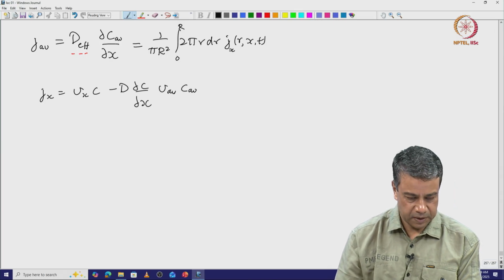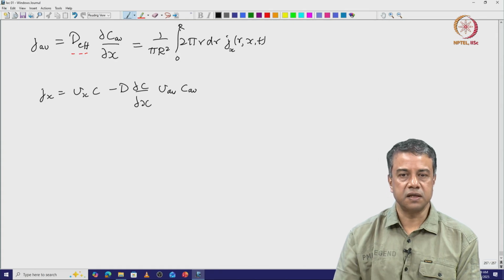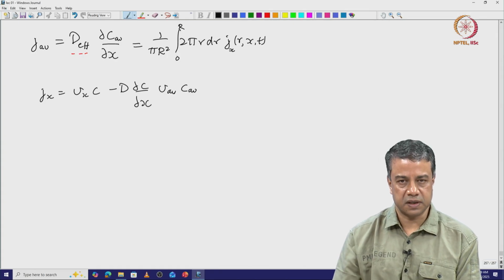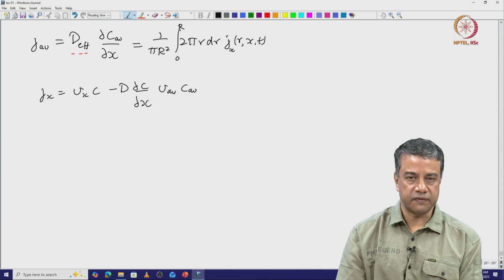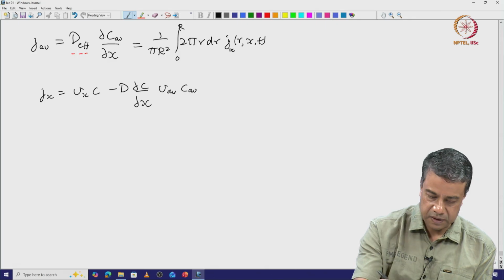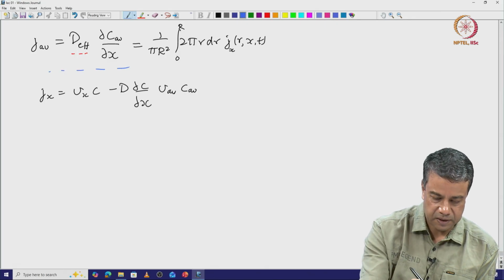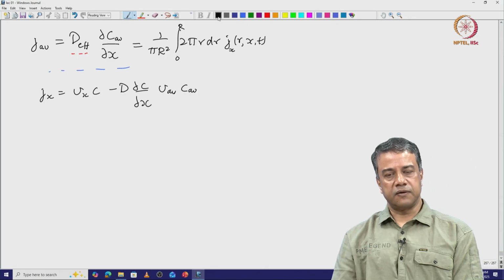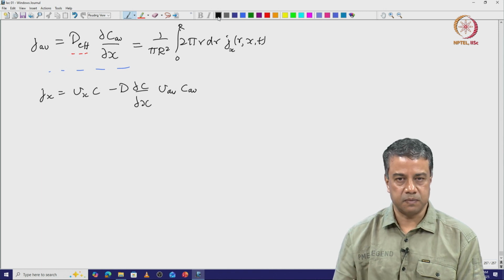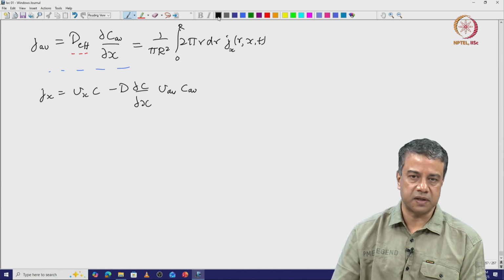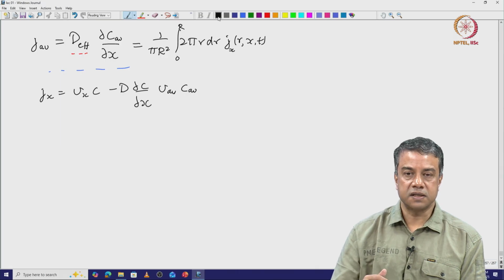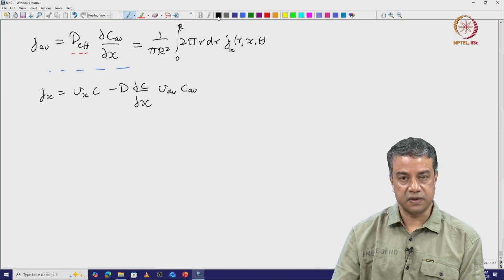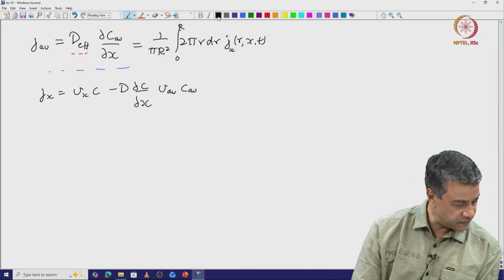So, that is the flux in the x direction in a reference frame moving with the average velocity. The average flux due to the average velocity is included in the convective term, and what we have here is only the diffusive term, or rather the dispersion term, not the average convection. I have separated out convection into average convection plus that fluctuation V x prime, and I want the flux that is in excess of the average convection, that is C average times V average.